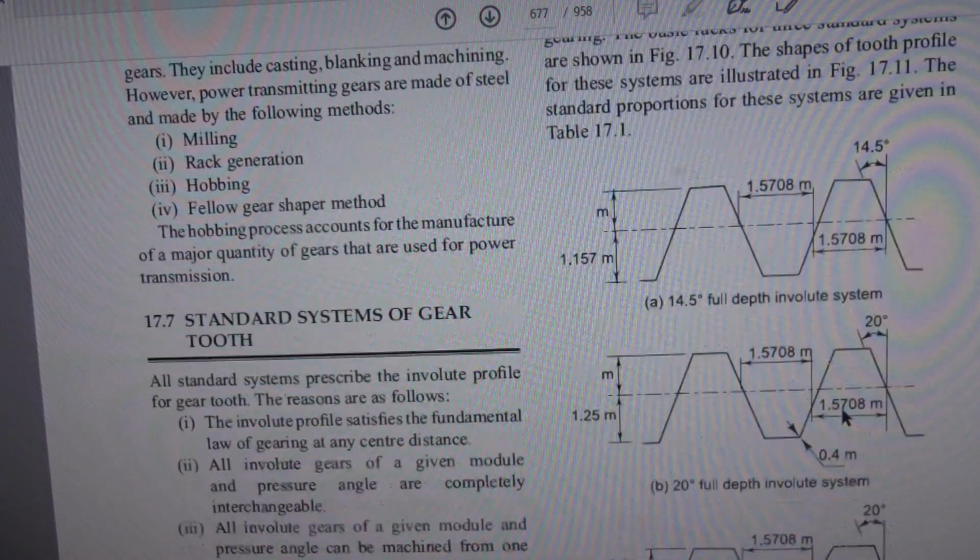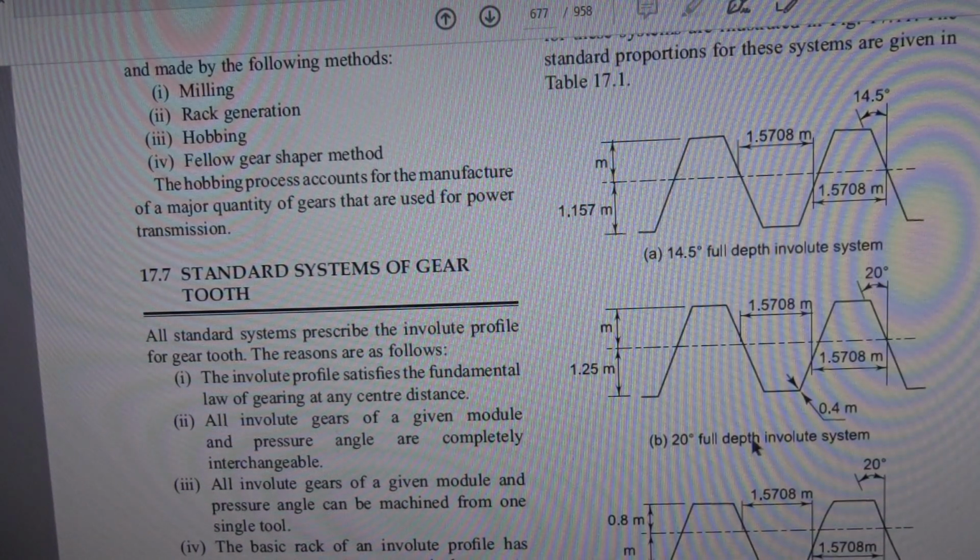For the 20 degree full depth involute system, this angle becomes 20 degree, and the dedendum is increased from the previous one. The addendum is the same m, and the dedendum is increased to 1.25 m, with the same tooth thickness and tooth space.